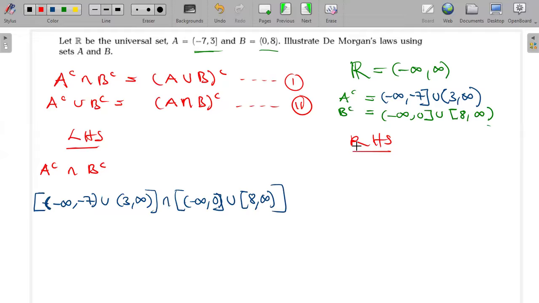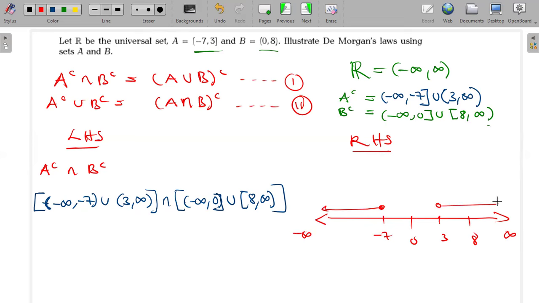Now this here is our left-hand side. From here, you get the intersection of the two, which we can also see on the same number line. So negative infinity, infinity there. You have negative 7, and then you have 3, you have 0, and you have 8. For the first one, it's closed there and going that way. Then it's open there and going that way.